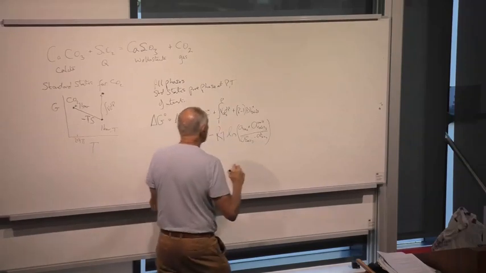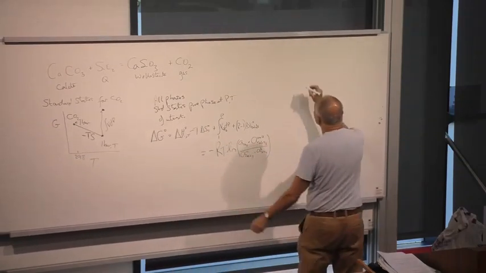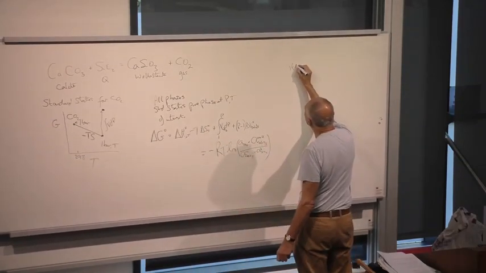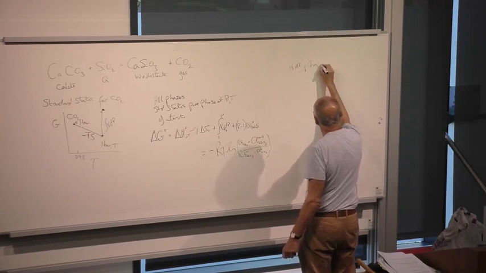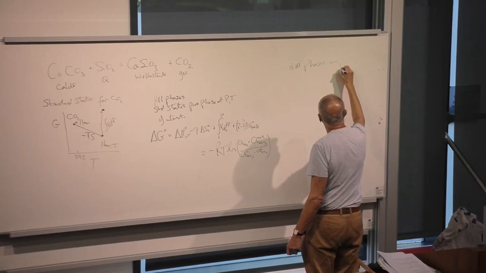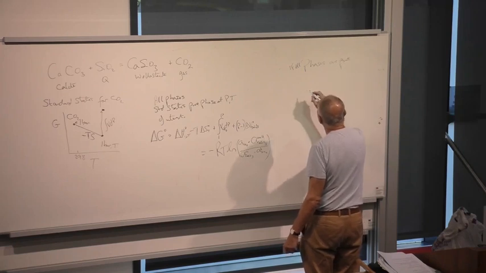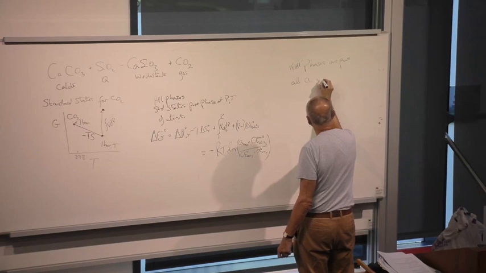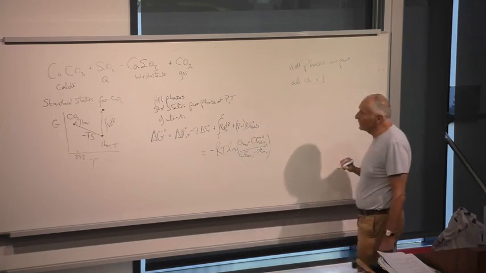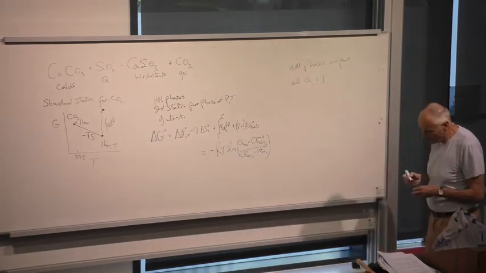So all phases are pure. If all phases are pure, all activity equals 1 because everything is in its standard state at the pressure and temperature of interest.